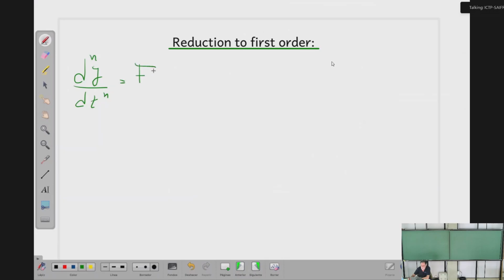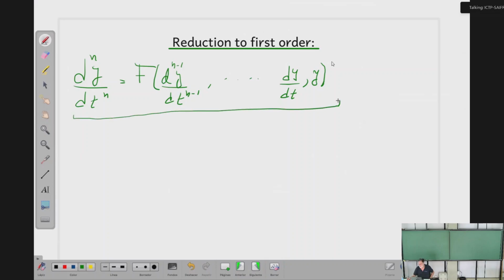So this was the equation d^n y/dt^n equals f of d^(n-1)y/dt^(n-1) up to dy/dt, y. And before I put a t, I'm not going to put a t here. I will treat this problem first, and then I tell you how we arrange this with the t. This is no problem. So we think about this ordinary differential equation.